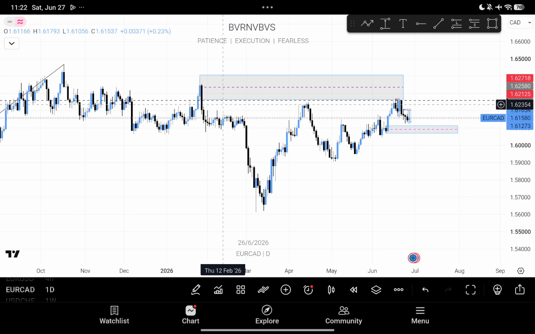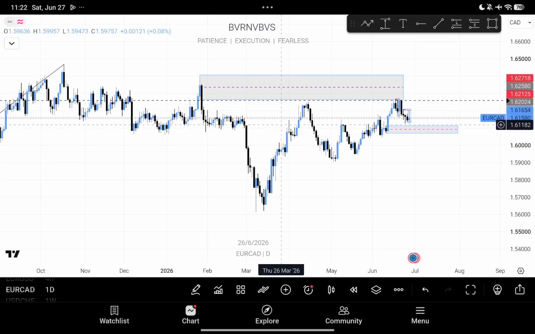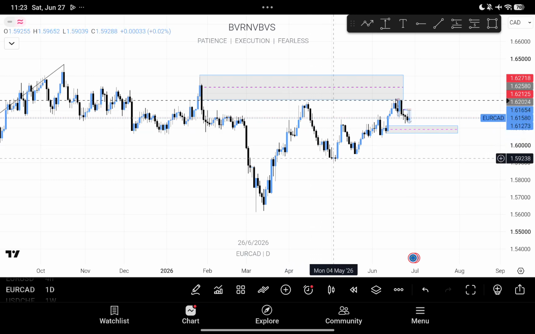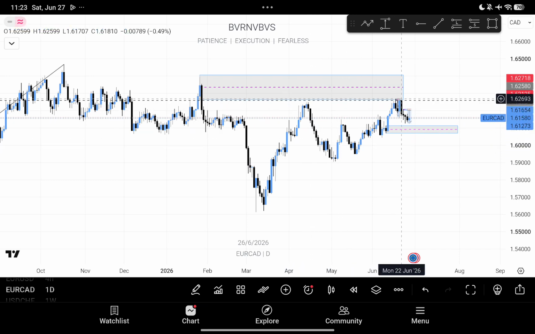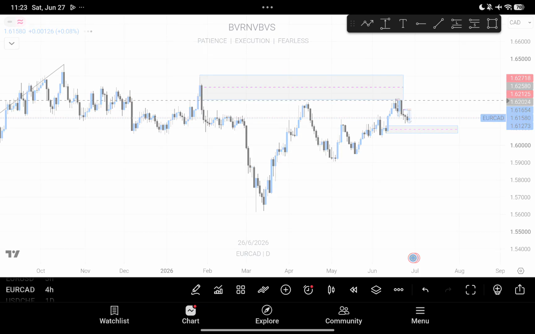If you notice, it created liquidity here, then pulled down, came up again, pulled down, then before it came to tap this zone, tap it. Do you get? So I want to go down to 4 hour.